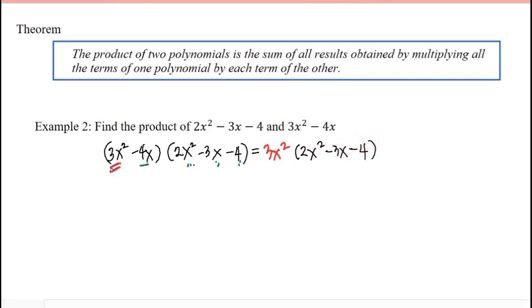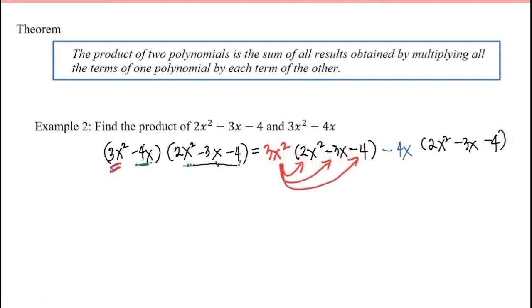And for the second term, that's negative 4x multiplied by 2x squared minus 3x minus 4. The next thing we are going to do is to distribute this. We apply the distributive property of multiplication over addition, and the same here, we distribute that negative 4x to all the terms here.